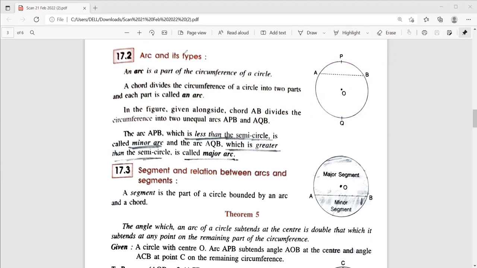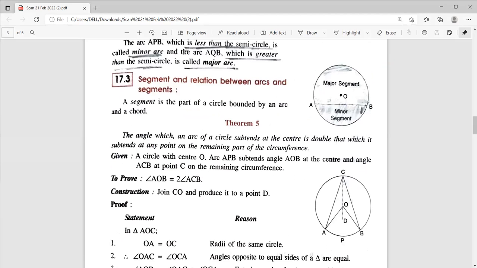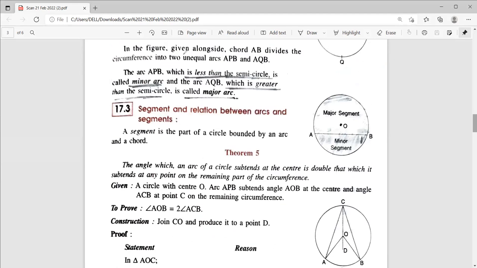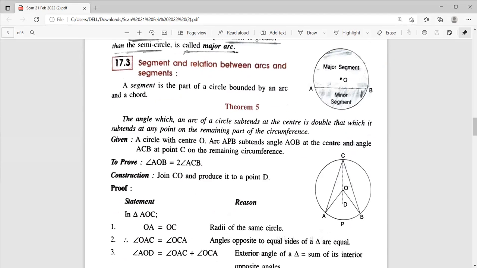After this, we have segment and relation between arcs and segment. Okay, see here. So a segment is part of circle bounded by an arc and chord. So you can check here.